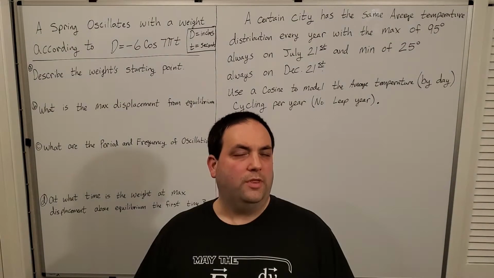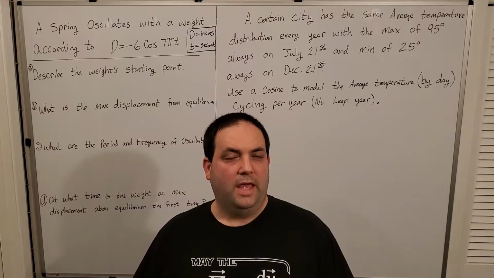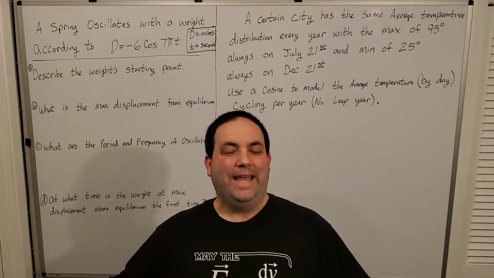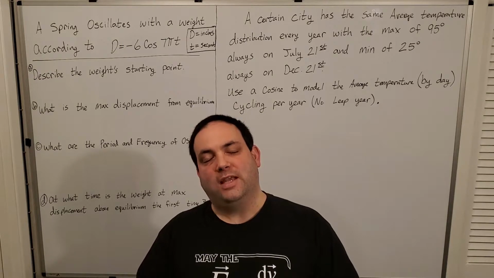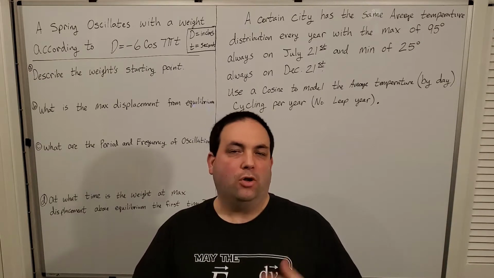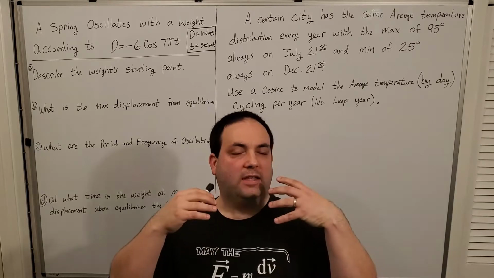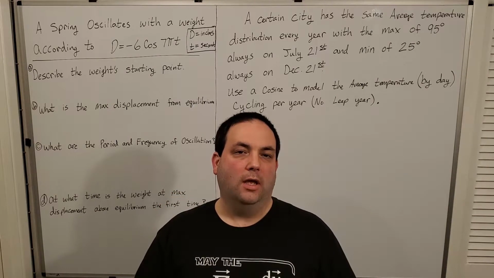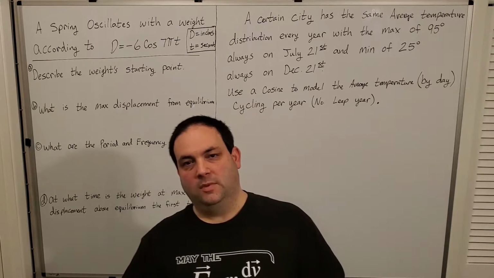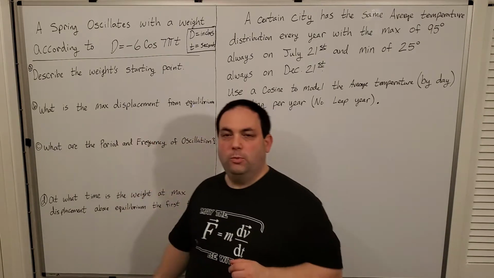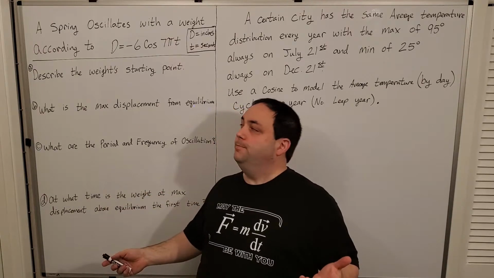Let's finish up with a couple of applications that use trigonometry outside of angles, right? In other words, not using angles as part of the trigonometry, just the fact that we can use sine and cosine as cycling periodic functions. Okay, first application is the one that we just talked about, harmonic motion.